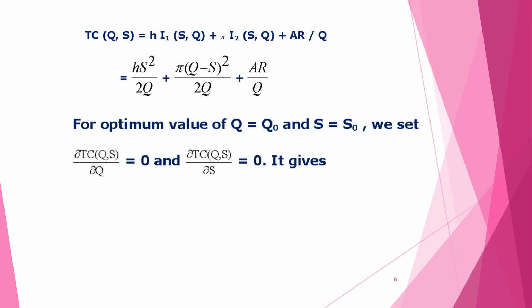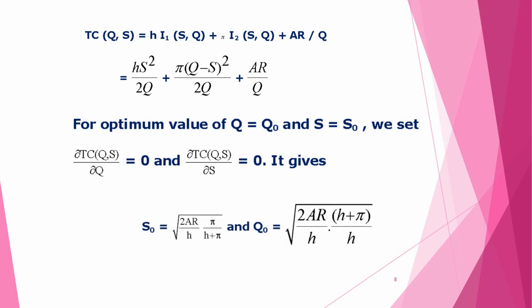For optimum values Q equal to Q naught and S equal to S naught, we set the partial derivative of total cost with respect to Q to be 0 and the partial derivative of total cost with respect to S also to be equal to 0.